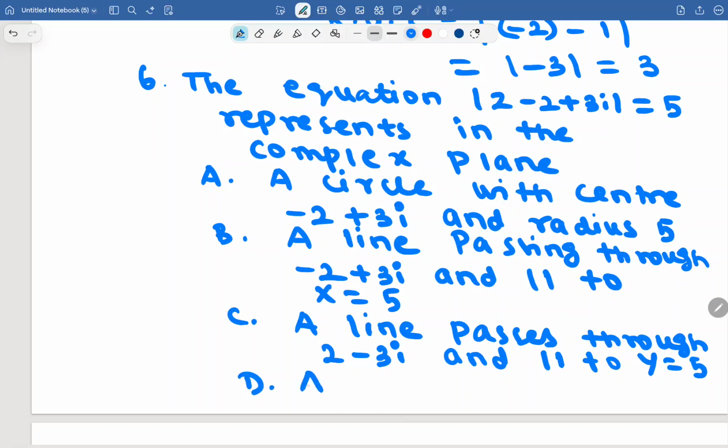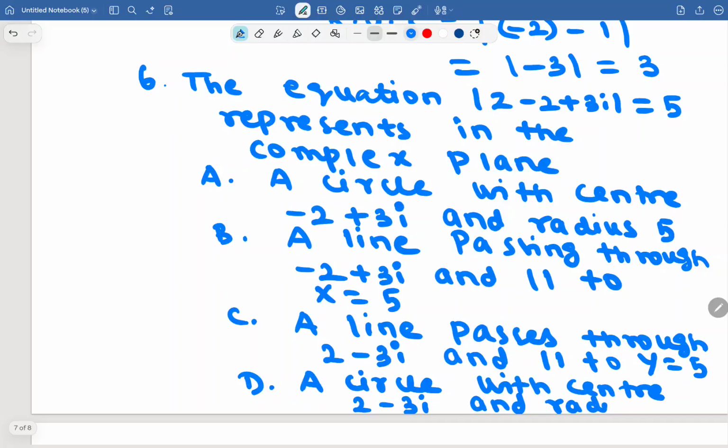Option D, a circle with center 2 minus 3i and radius 5.